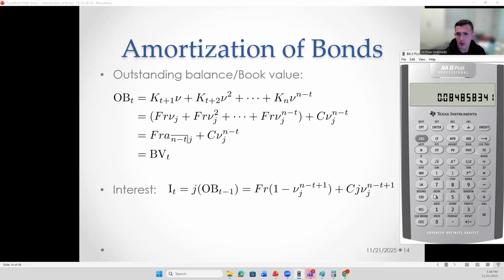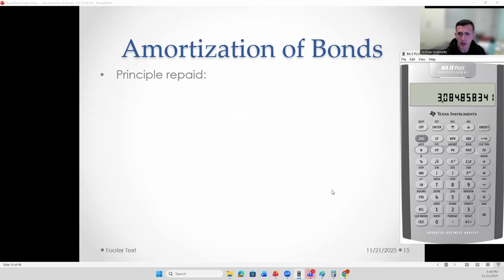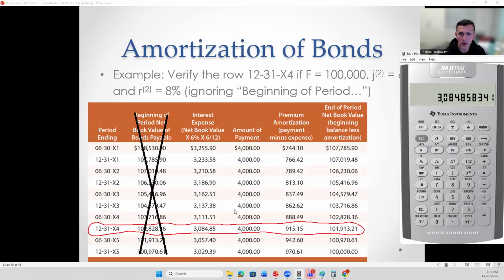This times 4,000 plus redemption times 0.03 times this here cubed, and we get our answer, 30.845.